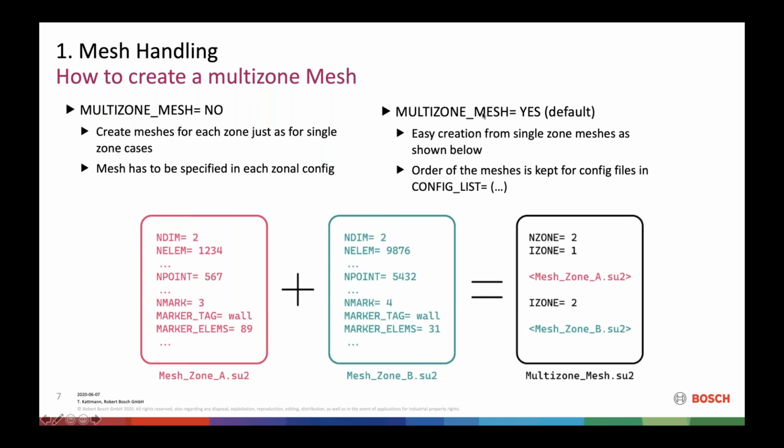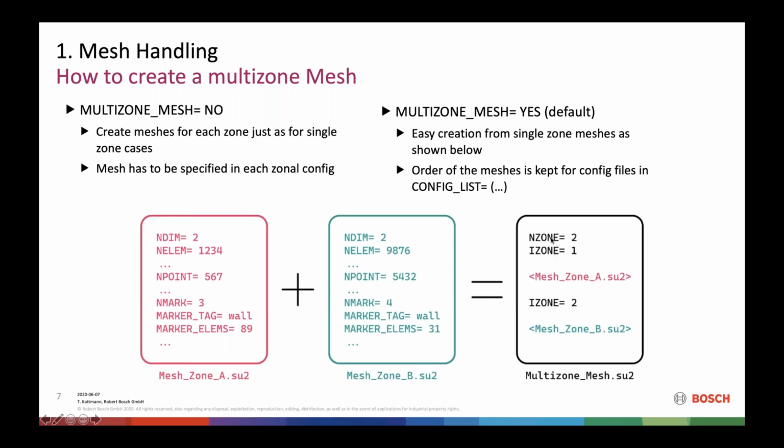Or you can create a multi-zone mesh with that option. And the creation of that multi-zone mesh, which is then just one file, is pretty straightforward. You need to use the keywords nZone to specify the total number of zones, and then iZone followed by the mesh just copied into the file. That's everything you have to do.